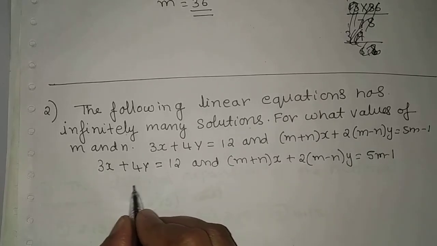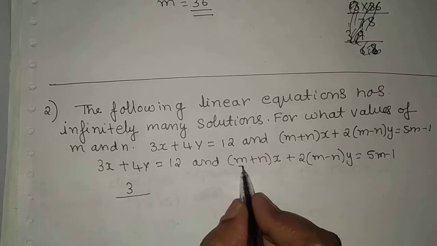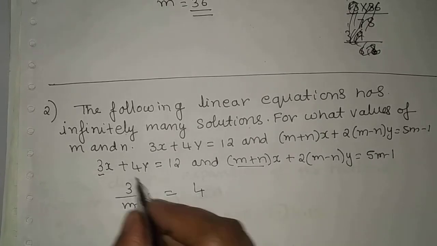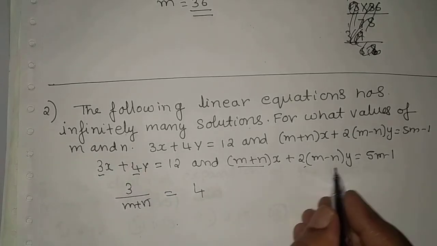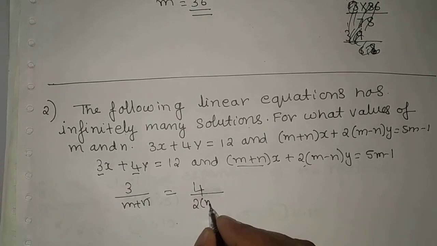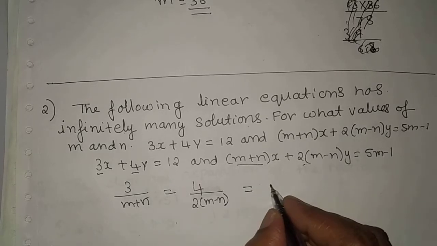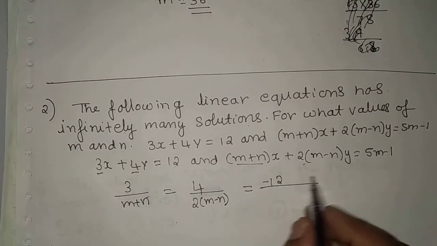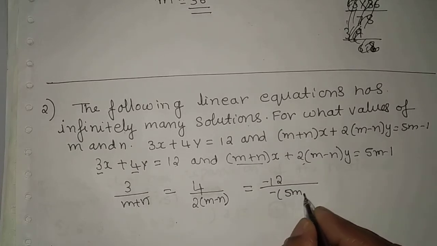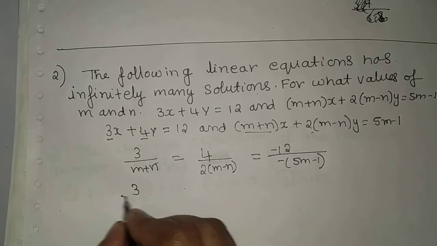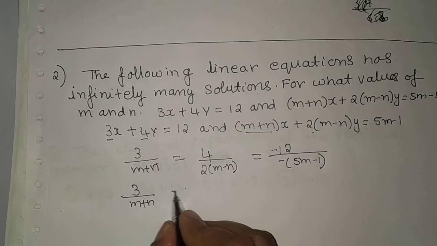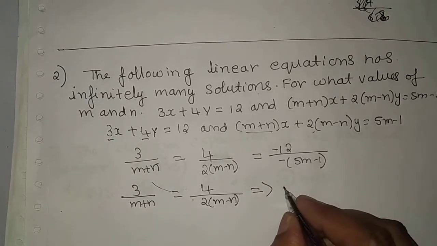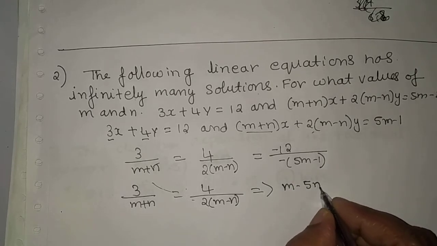For infinitely many solutions, we'll take 3 by m plus n is equal to 4 by 2 times (2m minus n), which is equal to 12 by 5m minus 1. Now we take 3 by m plus n is equal to 4 by 2(2m minus n), cross multiply this, and we'll get m minus 5n is equal to 0.